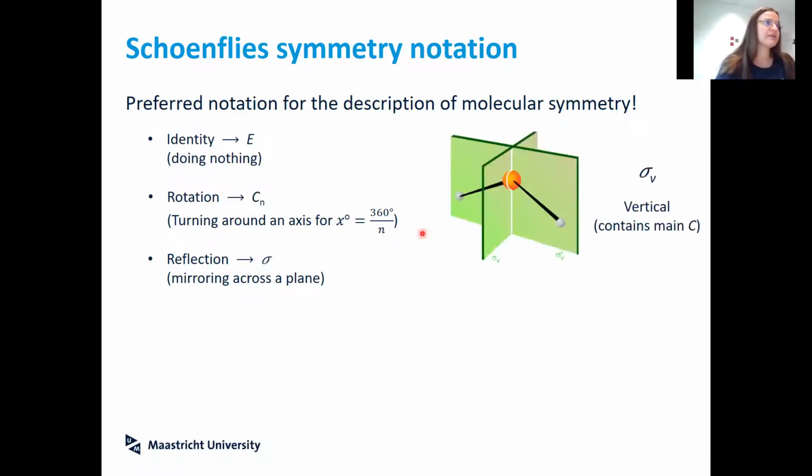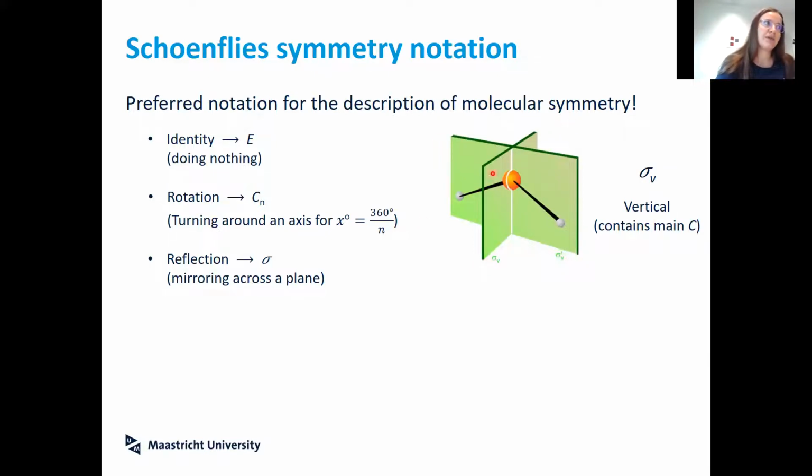In particular, sigma v is a vertical reflection plane. You call it sigma v because it contains the main axis of rotation. So for instance, in a molecule like this, you will have two sigma v actually. So you will find them as sigma v prime.